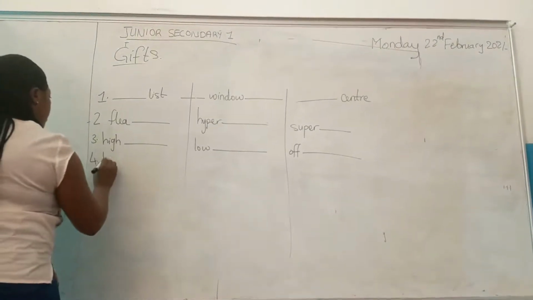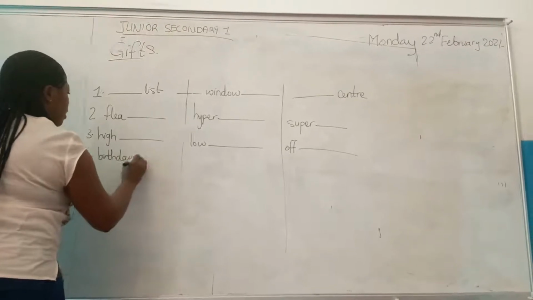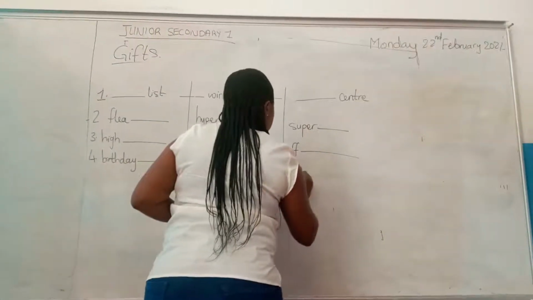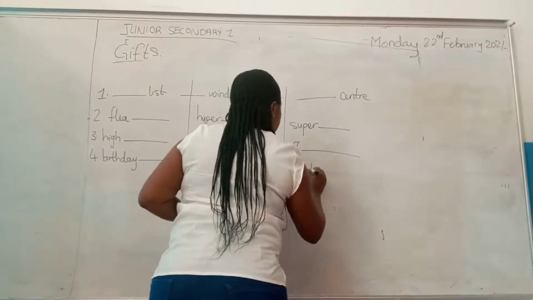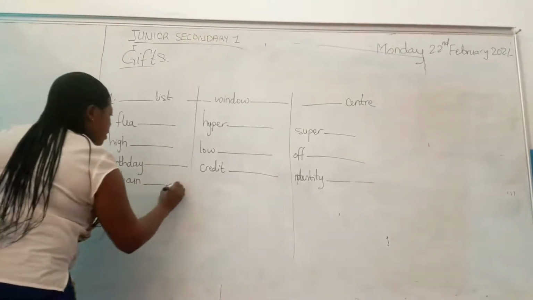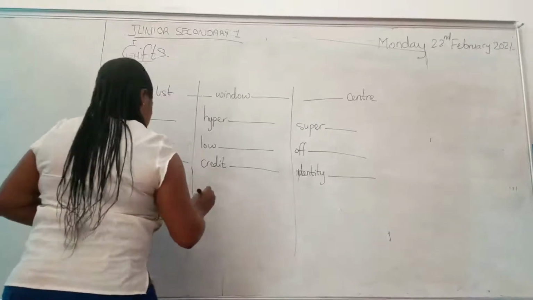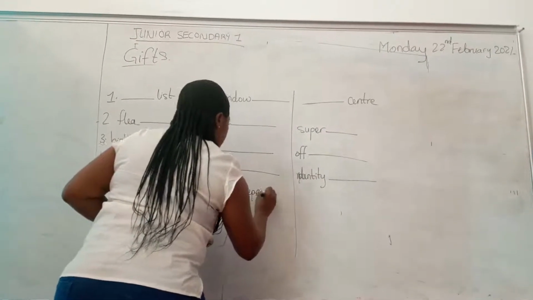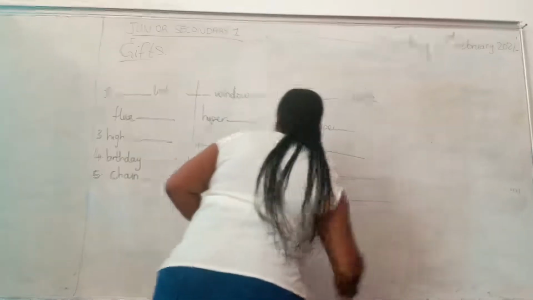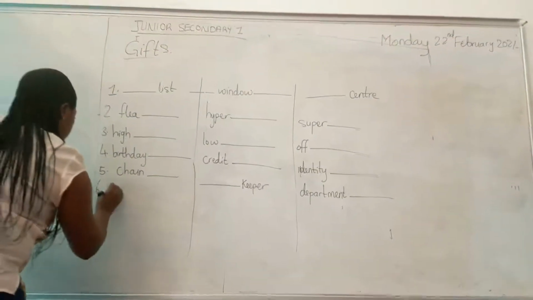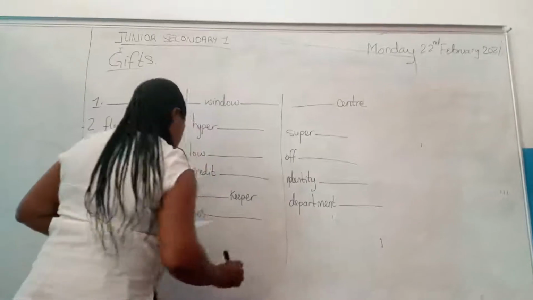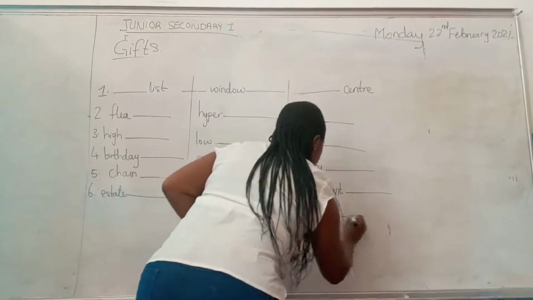Number 4: birthday, credit, identity. Number 5: chain, keeper, department. Number 6: estate, news, travel.